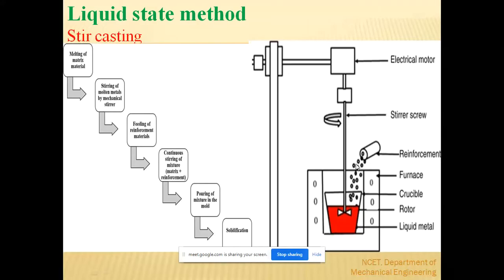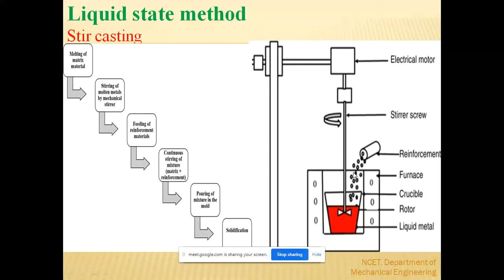Which means that we should take care to select beforehand what kind of matrix and what kind of reinforcement to use, right? Depends upon the requirement, how many particulates have to be poured. Generally, 30% of volume is allowed for reinforcement in stir casting, not more than that.